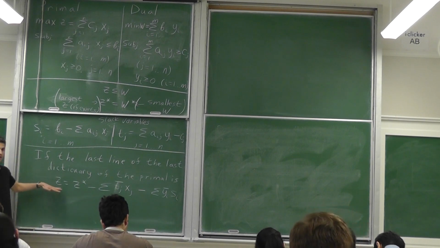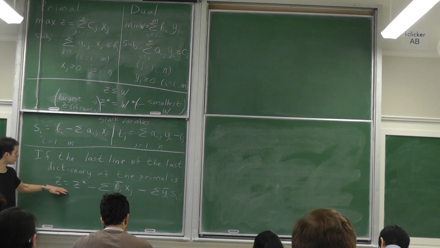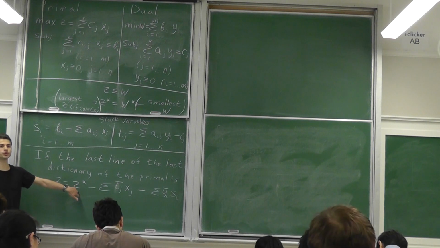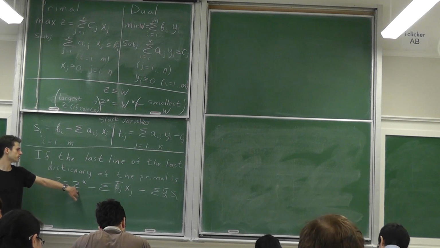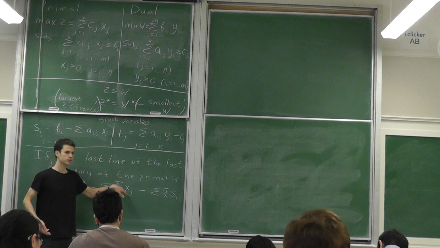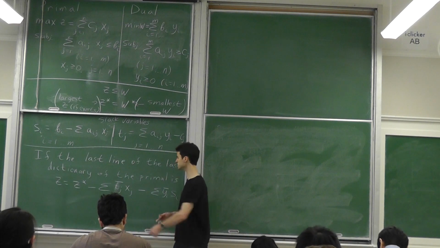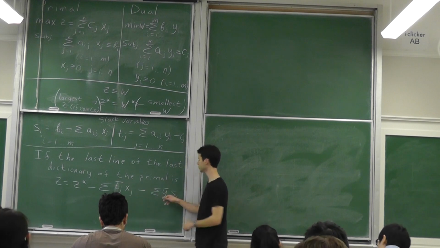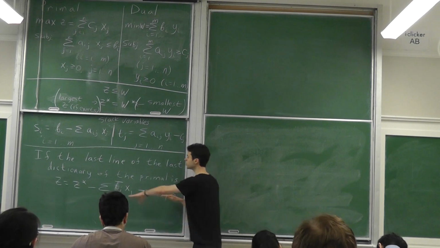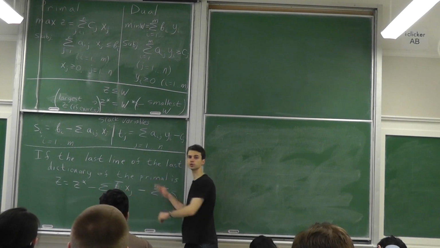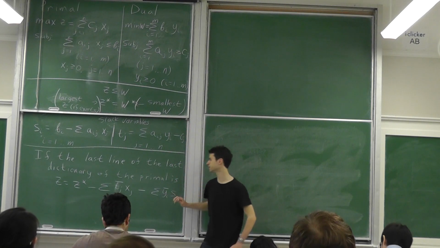So if the last line reads as follows: Z is some number which we know is the optimal value of Z, minus a sum of variables and a sum of slack variables with some coefficients, which I call c_j bar and y_i bar. Then I can read the optimal solution to the dual problem from this line.